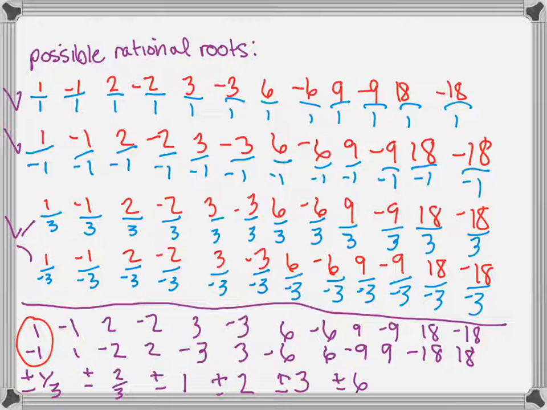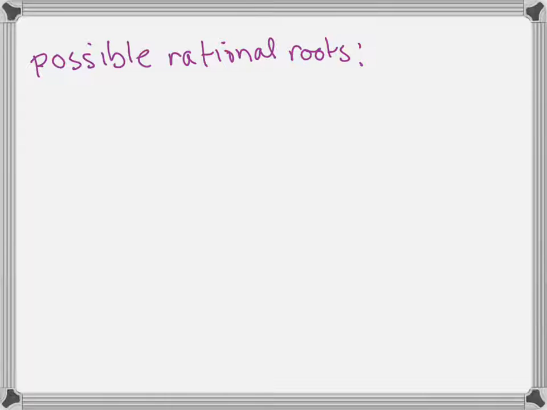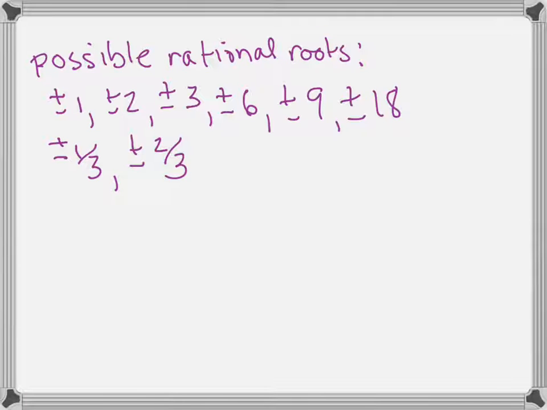So we've got plus or minus 1, plus or minus 2, plus or minus 3, plus or minus 6, plus or minus 9, plus or minus 18, plus or minus 1/3, plus or minus 2/3. And then we repeat ones we've already identified. So our possible rational roots are plus or minus 1, plus or minus 2, plus or minus 3, plus or minus 6, plus or minus 9, plus or minus 18, plus or minus 1/3, and plus or minus 2/3.